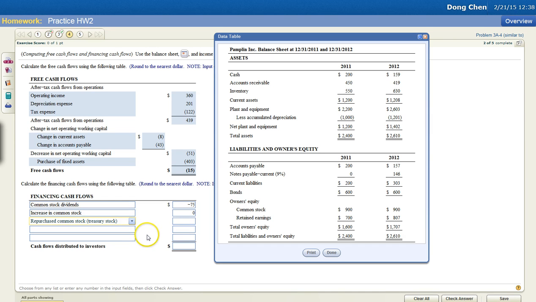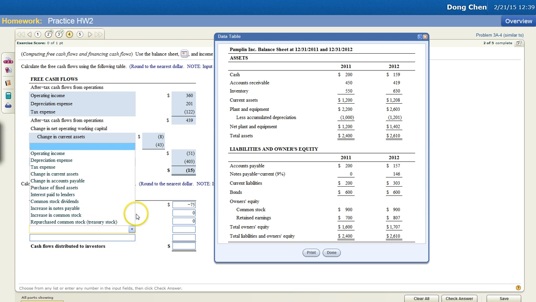So from the firm's perspective, the repurchased common stock is a negative cash flow, which is a cash outflow. So what's the number here? Do we have any repurchased common stock? Based on the balance sheet, it doesn't look like we have that item, so we should assume this is 0. So that's done for the shareholders' cash flow.